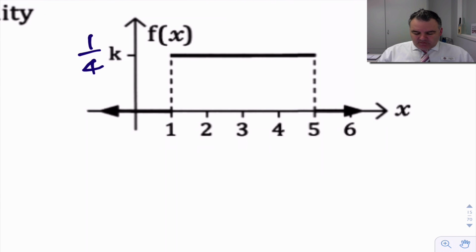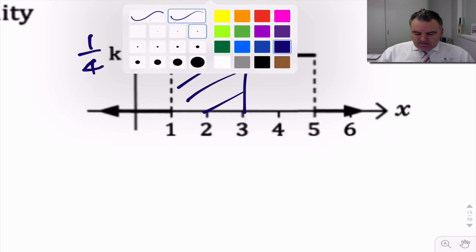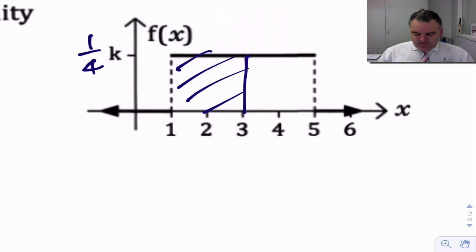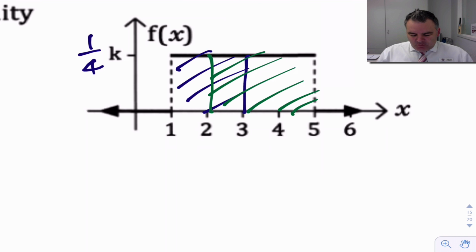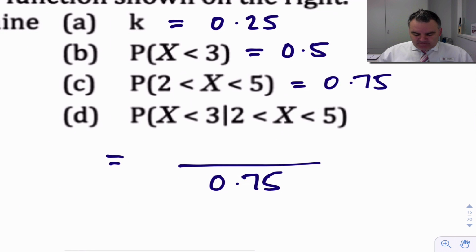So what's common to being less than 3 and to be between 2 and 5? What's the common ground of those two? And you can see the common ground there is being between 2 and 3. So this probability here being between 2 and 3 is 1/4 or 0.25.